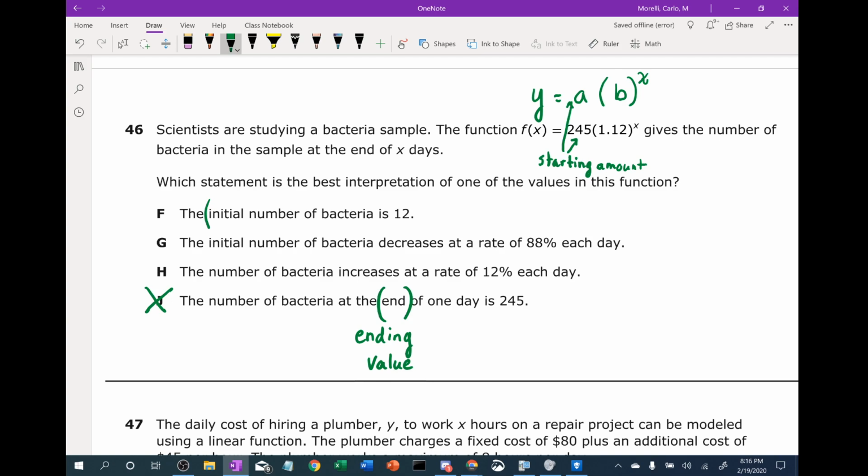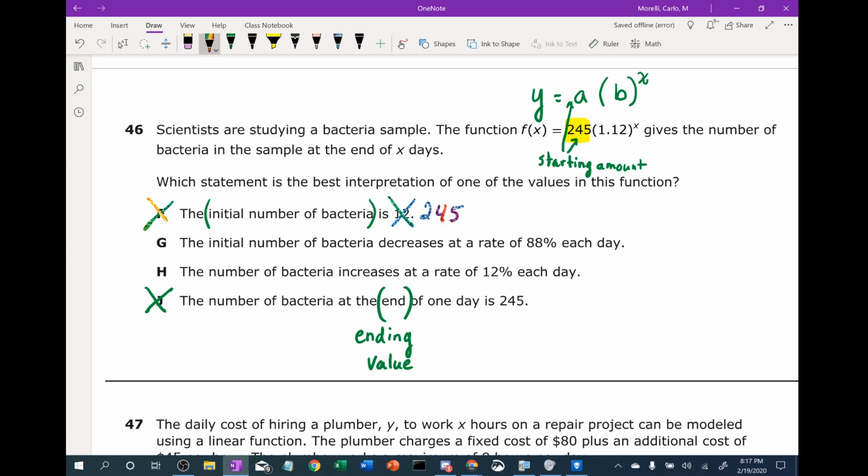What is the initial number of bacteria? Look up at your equation. So the starting amount is actually not 12. The starting amount is 245. So for that reason, letter F is wrong.